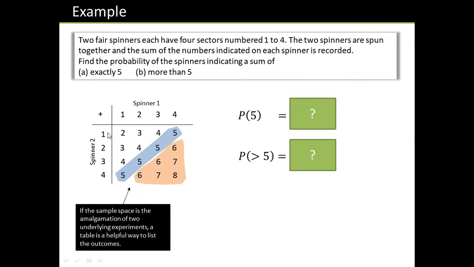Spinner 2 could have the numbers from 1 to 4, spinner 1 can have the numbers from 1 to 4, and each of those outcomes is equally likely, which means all of the entries in the sample space diagram have a chance of 1/16 of happening. If there are 4 outcomes which are 5, then the chance of getting 5 is 4 out of 16. And the chance of getting a number that's more than 5, there are 6 of those outcomes out of 16. So that's 3/8.